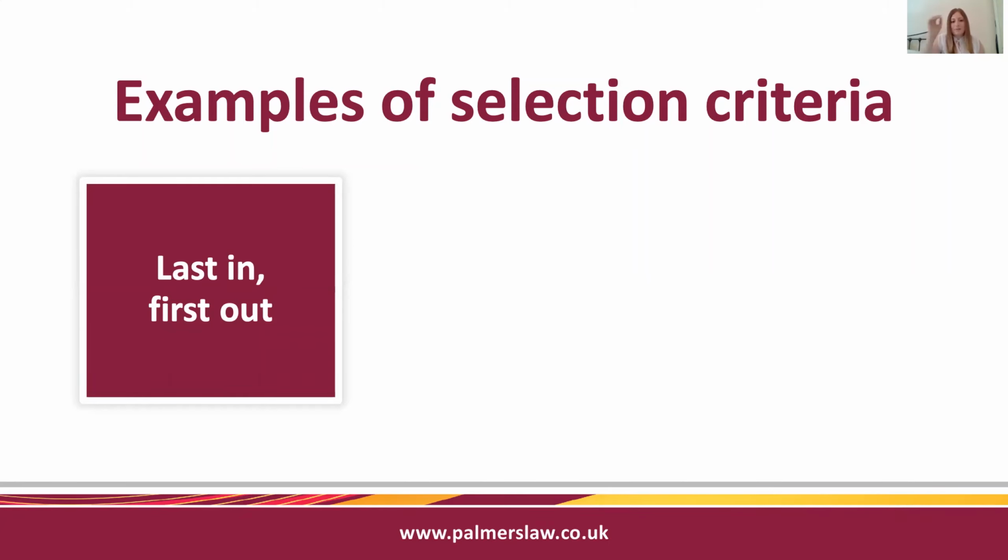It is more likely to be viewed as acceptable if it's used as part of a balanced set of criteria or in a tie-break situation where other factors are equal. But if you are to use this criteria alone, then it is likely to result in an unfair dismissal claim or even indirect discrimination on the grounds of age or sex.